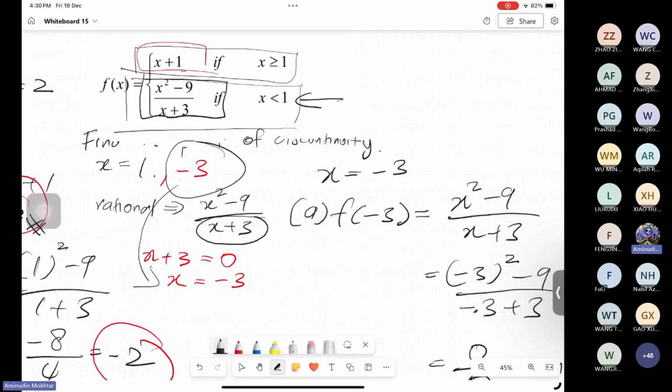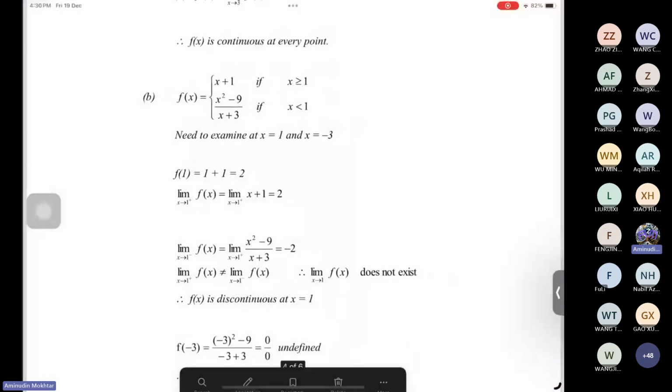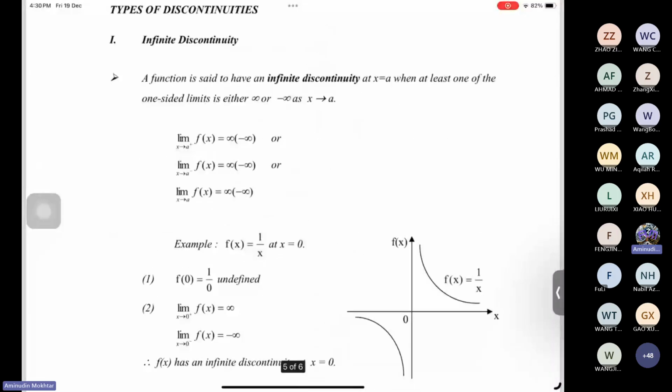The second is to find the value of x that makes the denominator of the rational function 0 when we substitute it. That's how to find the continuity for the graph.